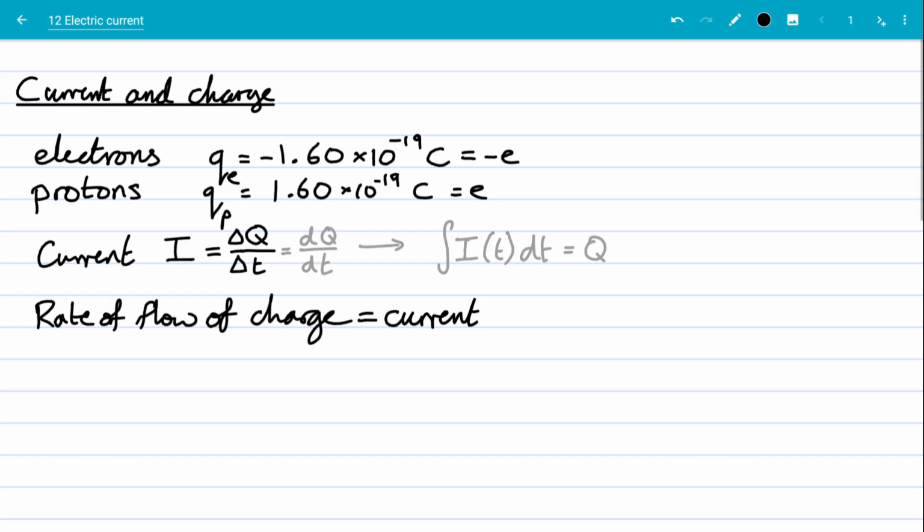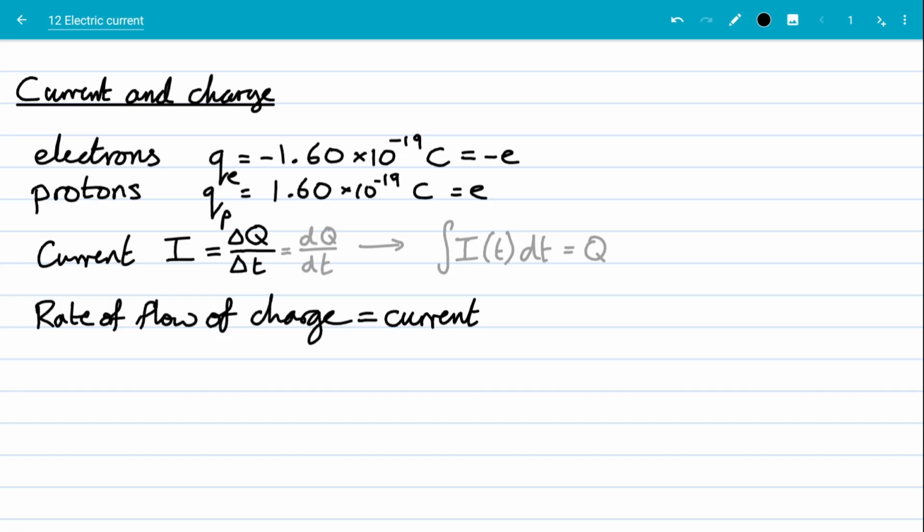Now, when current was originally discovered, and named intensité and all the rest of it, it was not understood at the time that current was this flow of charge. So current was originally defined, the intensity of electricity, if you like, by the force that two wires will experience due to the magnetic field around those wires when current passes through them.